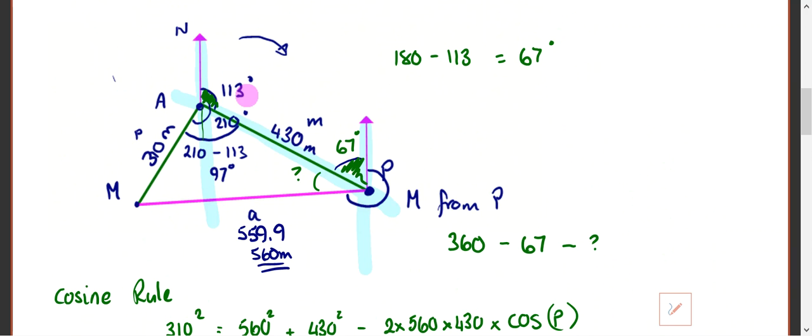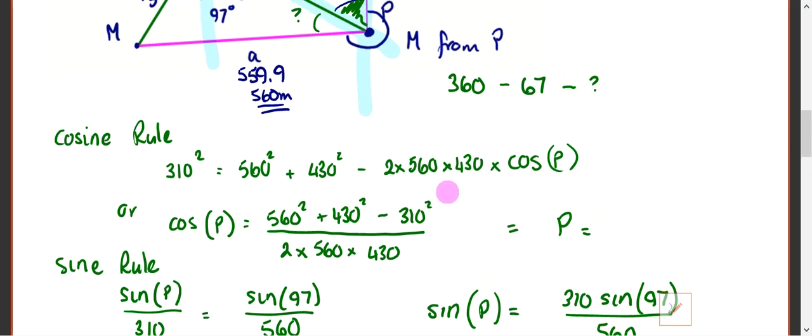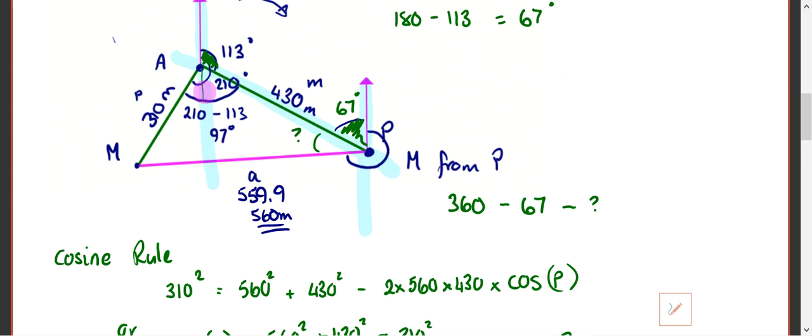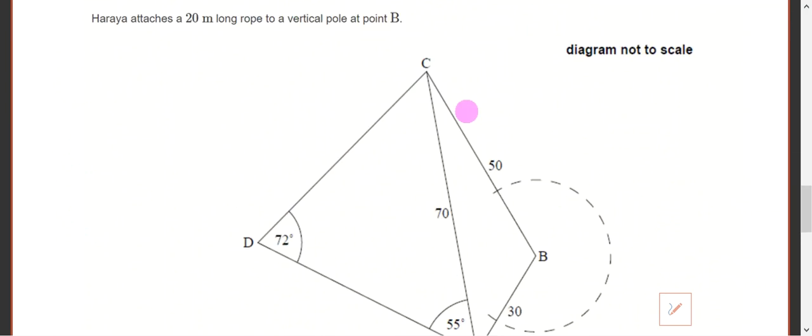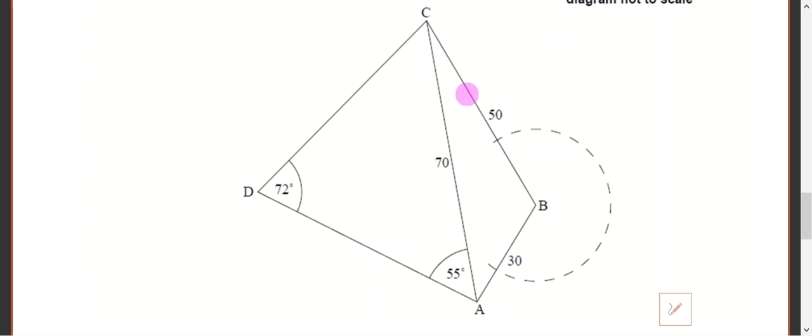You have to have a pair to use it. And in cosine rule, you have to have the angle in between 2 sides. So in this question, we don't actually have either at the moment because we know one side, but for cosine rule, you need to know at least 2 sides. And for sine rule, you must have at least a pair, right?